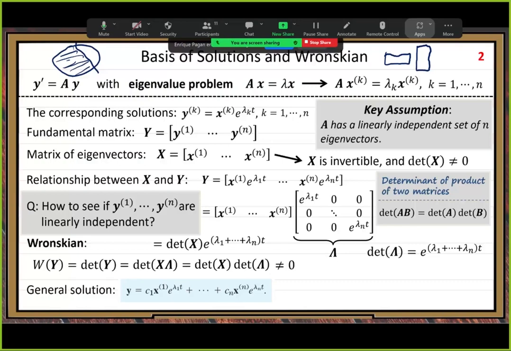Other than the c constants, all the eigenvectors are also constant vectors, meaning there is no t involved inside x. So we treat all x vectors as constant vectors.